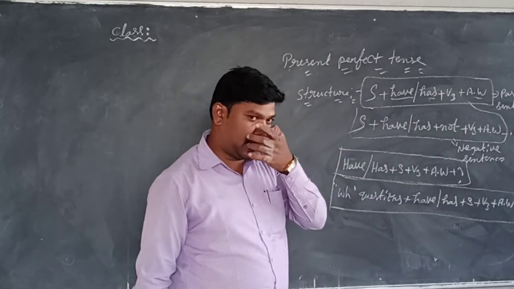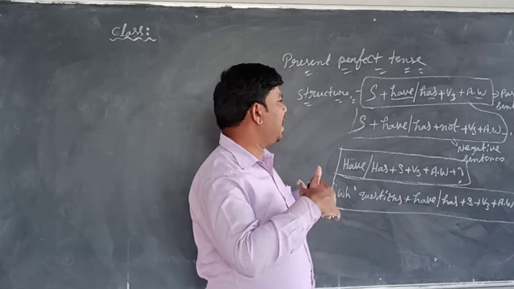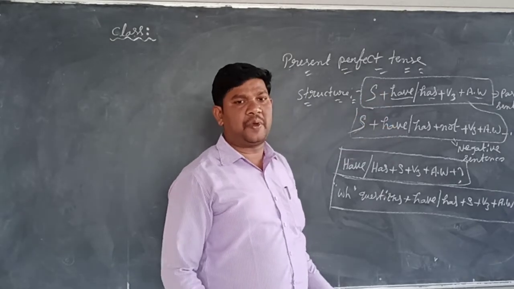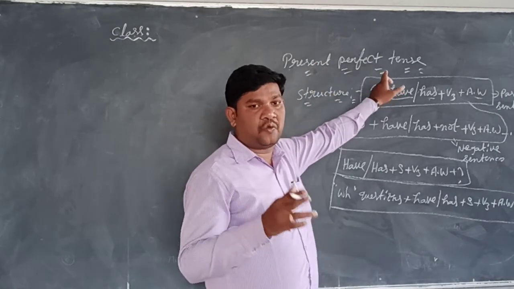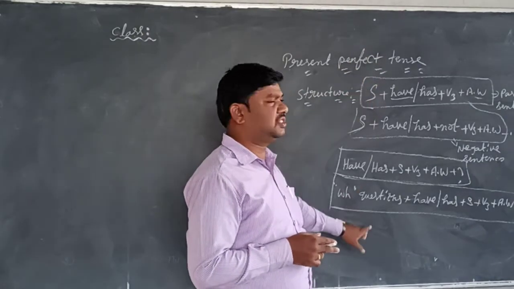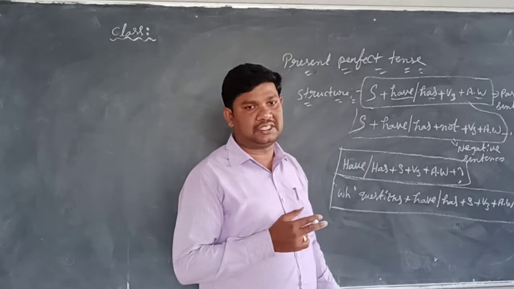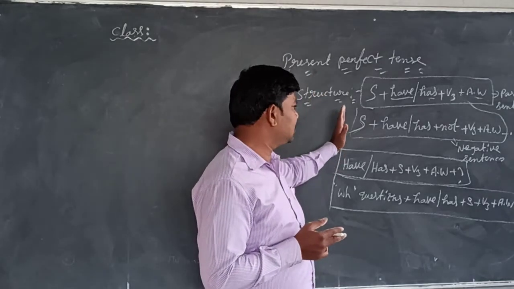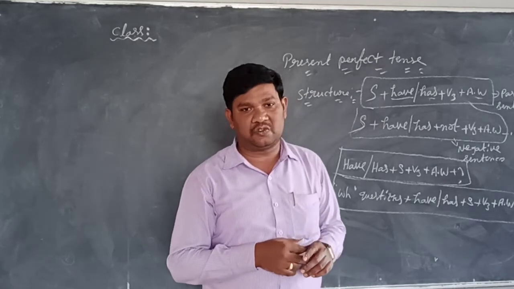Now all of you students will observe how to make a sentence using these structures. These are very important to make a sentence in present perfect tense. When you want to write present perfect tense, you have to learn these structures: positive sentence, negative sentence, interrogative and WH question. This is very important for spoken English also. Every sentence is important, and the WH question is asked as one more question in first PU.